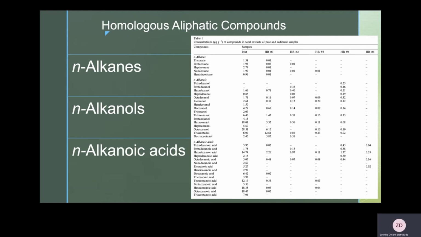Here I wanted to talk about homologous aliphatic compounds, which are basically alkanes, alkanols, and alkanoic acids. And here's a short list of some aliphatic compounds used as biomarker tracers in sediment samples. They're used because they have a strong carbon number prominence that is inherited from their biosynthesis.